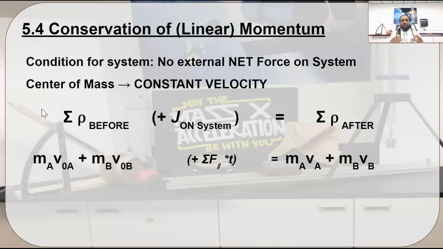Now, what this looks like is we'll usually have multiple objects either before or after or both, and for each object you want to multiply that object's mass by that object's velocity at that time. So, couple words of caution. Well, first of all, the impulse being added to the system is pretty rare, so not much to worry about there.